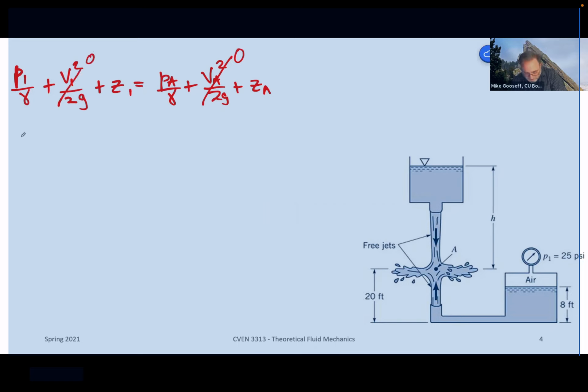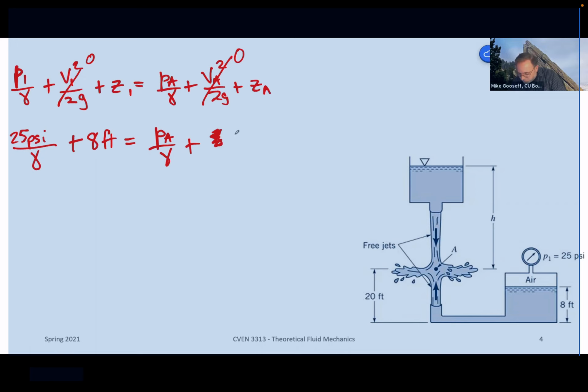So now we have 25 PSI over, I'm just going to write over gamma for the moment just to simplify. We'll do the substitutions in a second here. Plus 8 feet is equal to PA over gamma plus ZA here, which is 8, sorry, not 8, wrong side.